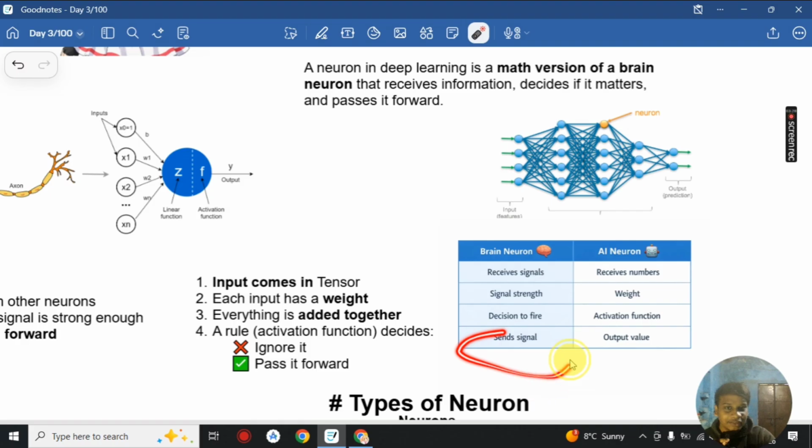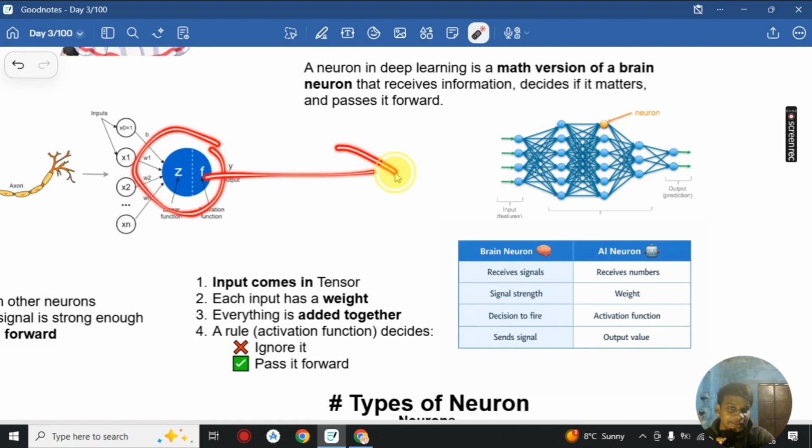Fourth, it sends a signal, and in an artificial neuron it outputs a value. So basically one neuron in deep learning takes a tensor, then checks whether this strength or weight is enough or not, and if it is, it passes it to the next neuron.